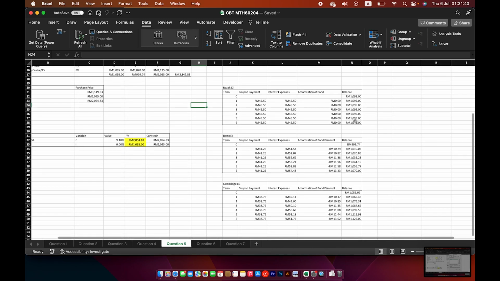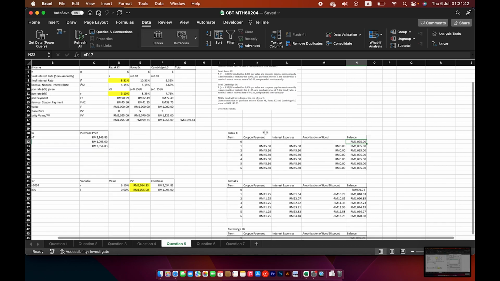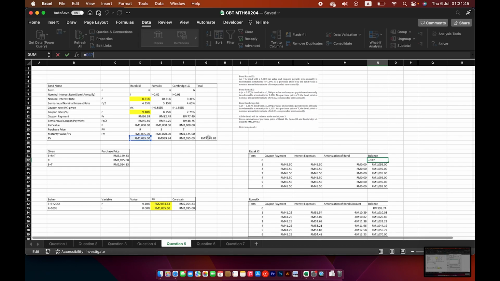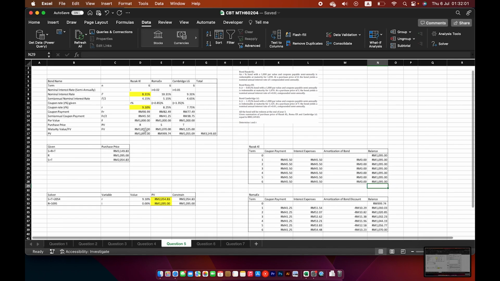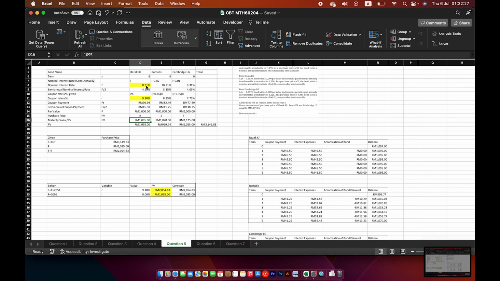For Razak KL, the PV is 1095 and we get a future value of 1095. That means I, the nominal interest rate compounded semi-annually, is 8.31, and the coupon rate is 9.1 for Razak KL.